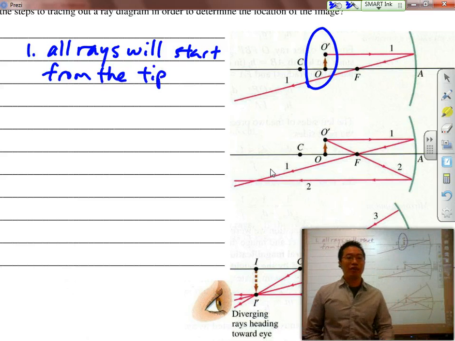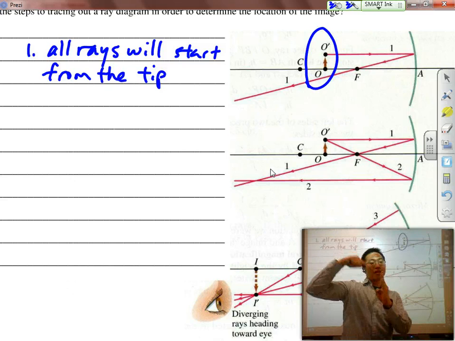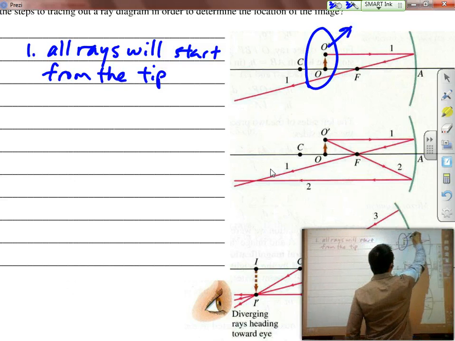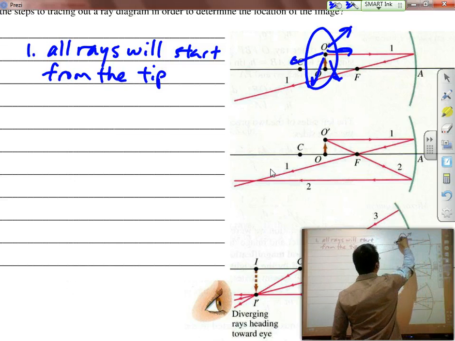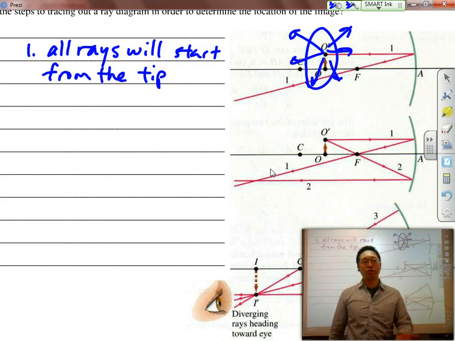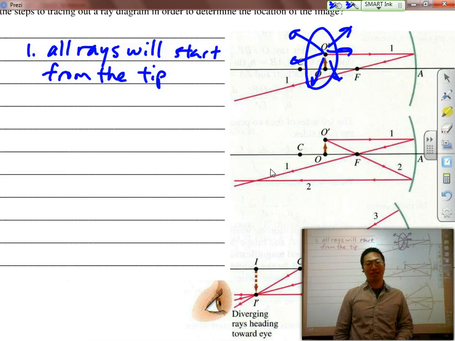And we know, in reality, when light strikes the tip of the object, it bounces off in every which direction. But the one that's going to be the most important to us is the one that's going to be bouncing horizontally, or really parallel to the axis itself.